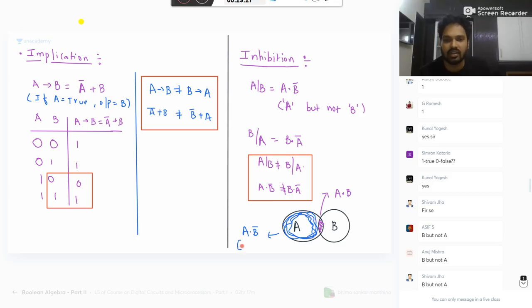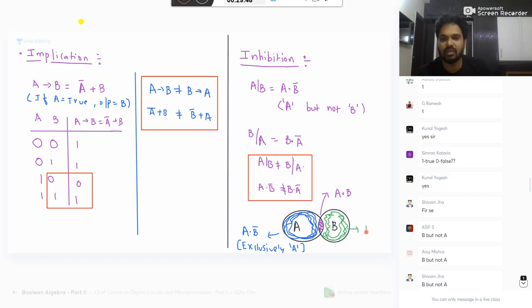Another name for this is exclusively A. Later, if you use this, we will get one gate called the exclusive OR gate, which I will discuss later. Just wait. Similarly, what is this part?